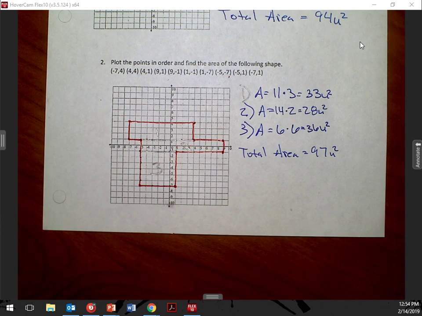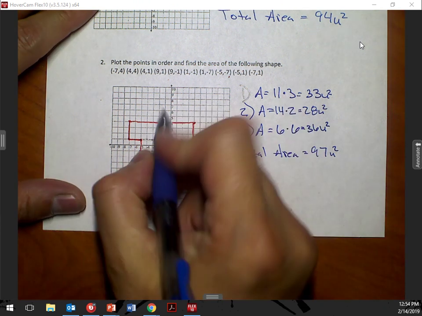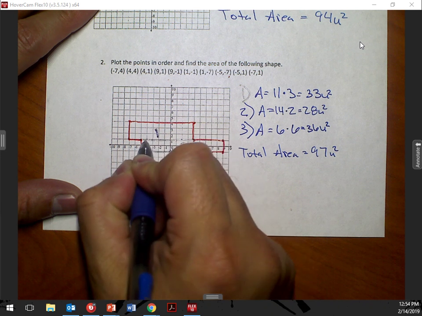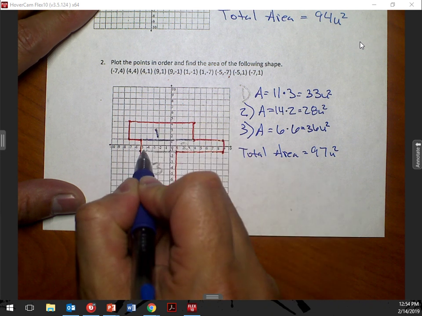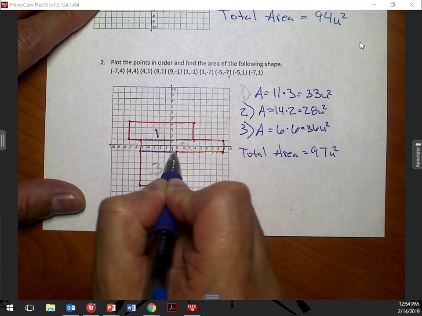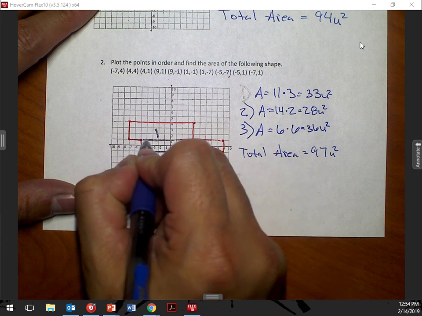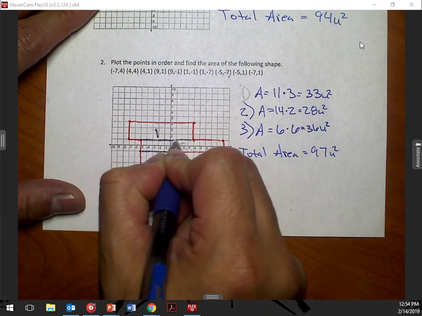All right, you guys. This is what I got here. I turned it into 4. Hey, it doesn't matter how many you turn it into, as long as you get the same thing. You can cut it up.